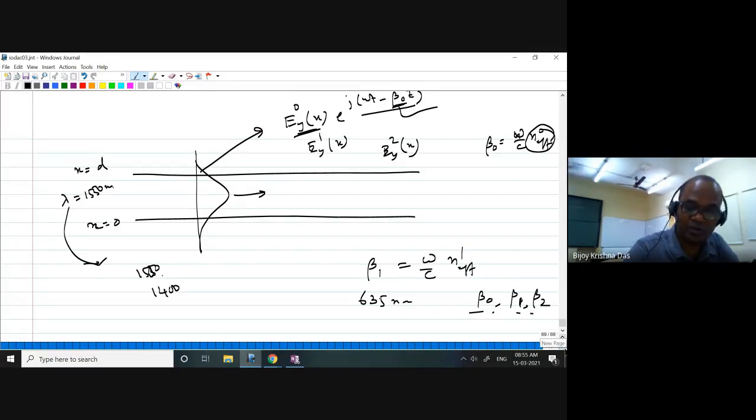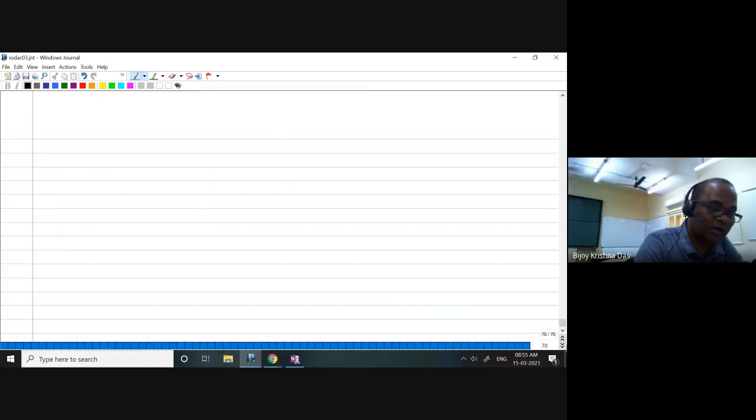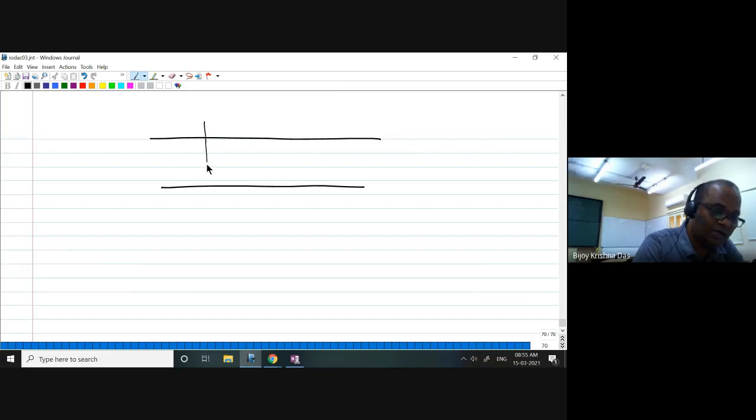So I just discussed this 1D waveguide, and the last point I want to discuss: suppose I have a waveguide, and for any given lambda it can support 3 modes.